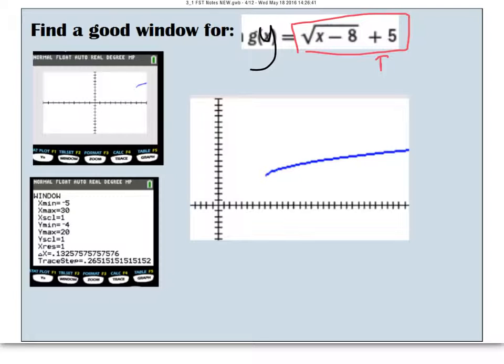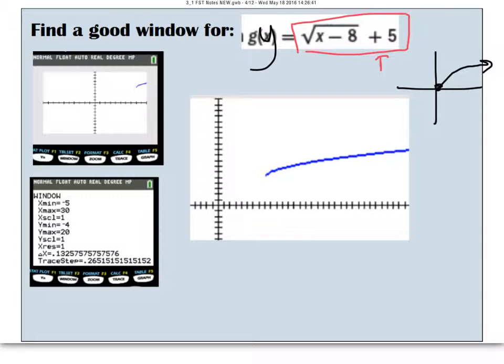Again, I know the parent function of the square root looks something like this. So I'm really missing a good portion of this graph. So what seems reasonable to me is to get rid of a lot of this dead space, but I want to keep the axes. So I'm going to maybe just cut off over here. But I need a lot more of the x over here.